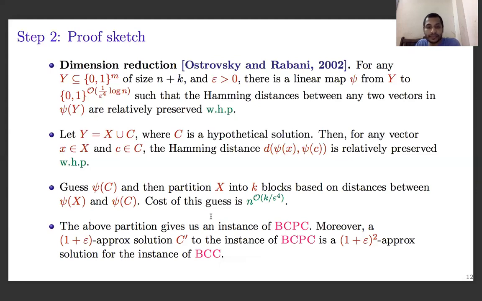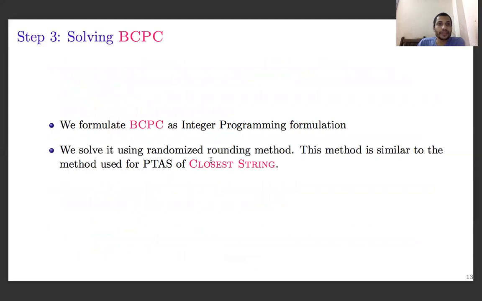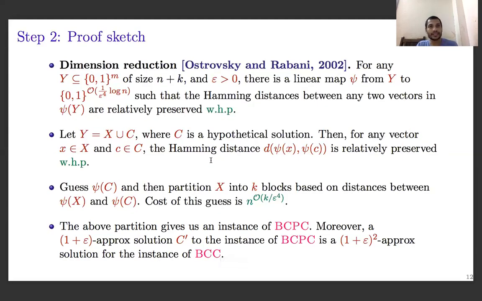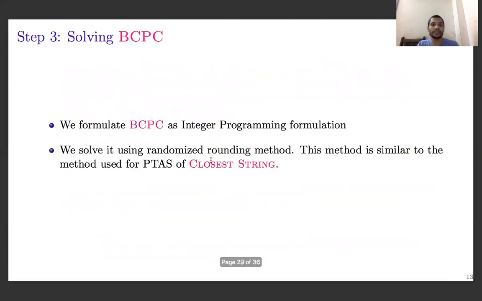Then one can show that any 1 plus epsilon approximate solution C prime of this new instance of BCPC is a 1 plus epsilon square approximate solution for the original instance of binary constraint K-center. The proof follows from the fact that this is a dimension reduction where distances are relatively preserved. And so this is the way we reduce binary constraint K-center to binary constraint partition center.